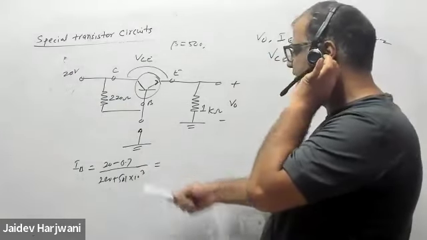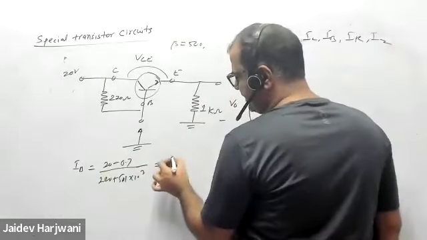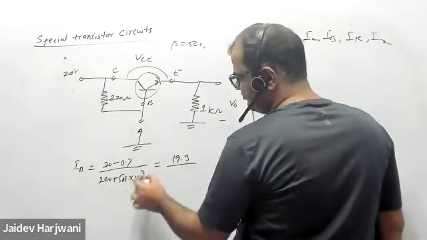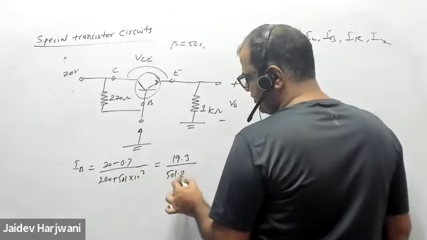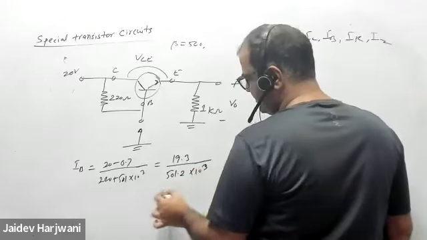This will be in microampere. So this will be 19.3 over 501 kilo ohm, 500 into 1.2 kilo ohm. How much microampere will this be?